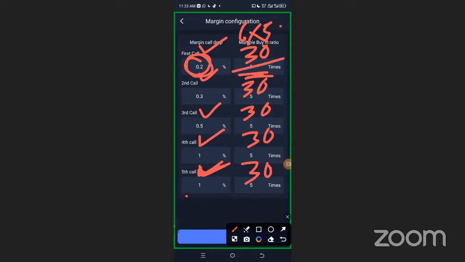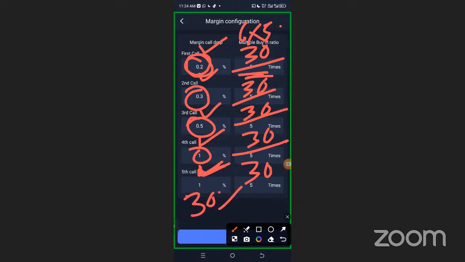If the market drops by 0.3, the robot puts in $30. If the market again drops by 0.5, the robot puts in $30. If it drops by 1%, the robot puts in another $30. So it is buying 5 times, and whenever it is buying, it is putting in $30. That is 30 times 5.